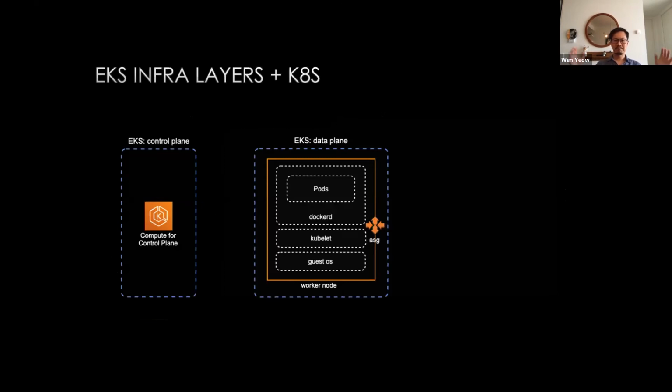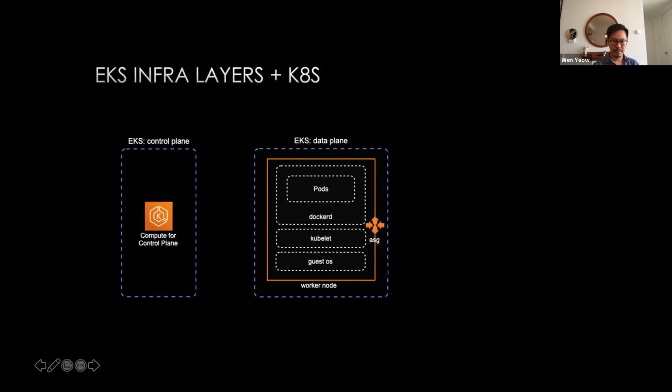All right, let's have a look at the EKS infra layers. On the left-hand side, over here, we can see the control plane. Now, this is a black box. We can't really see what's in there. But according to the documentation, it's auto scale, possibly EC2s that represent the control plane. Now on the right-hand side, this is what we manage. Blue color means Kubernetes, orange color means AWS, and this is our worker nodes.